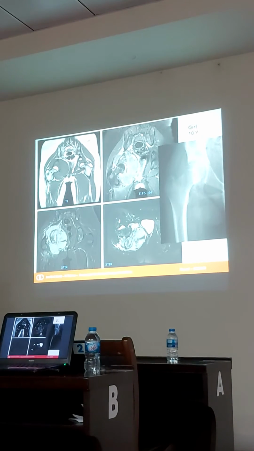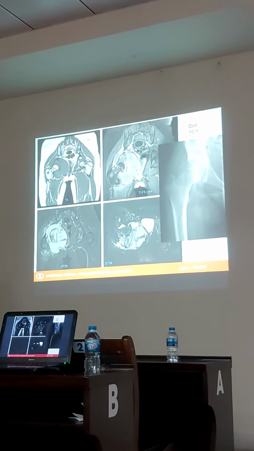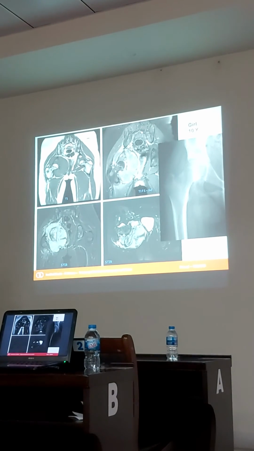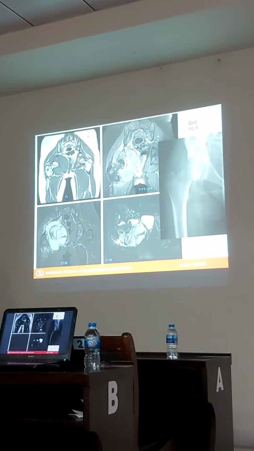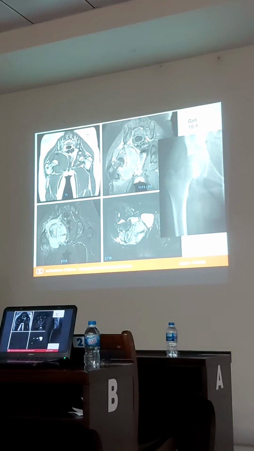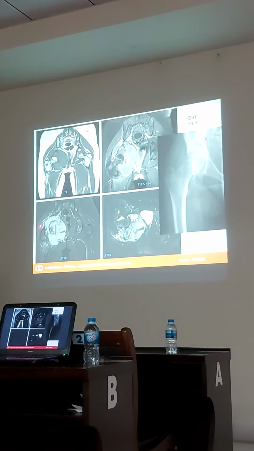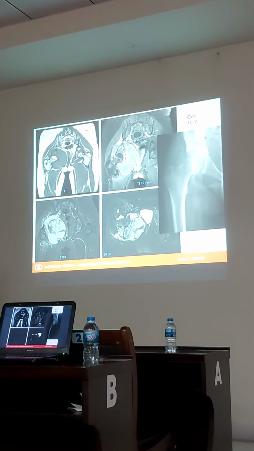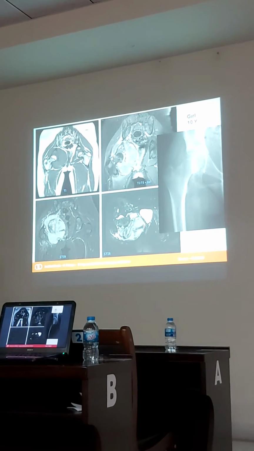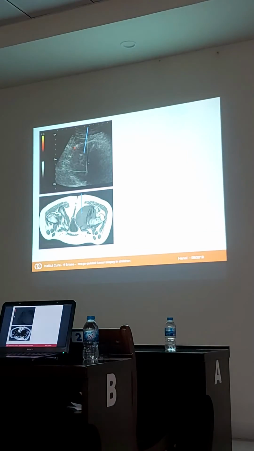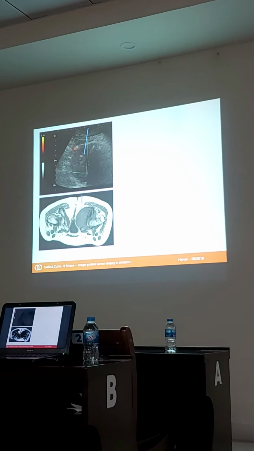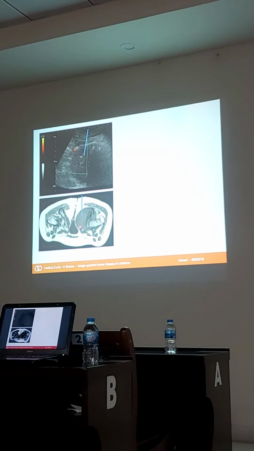So, of course, you can discuss if it's better to perform a surgical biopsy or a core needle biopsy, but in this situation, when you have a huge soft tissue mass, the easier way is to perform a needle biopsy.